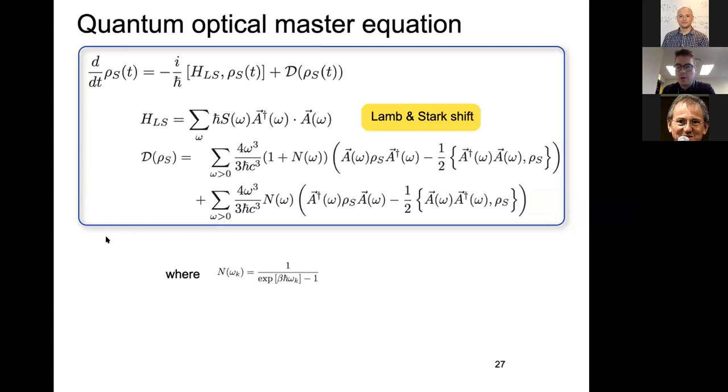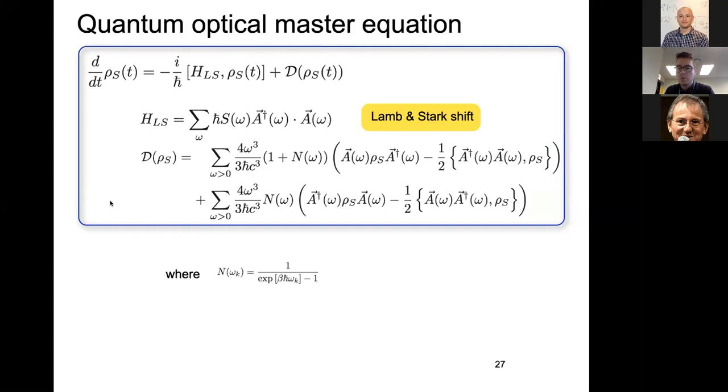Okay, in the remaining part of this lecture, we can consider a more specific application. Just to mention, the master equation that we've derived in this situation, where our environment is a quantized electromagnetic field, is what's called the quantum optical master equation.